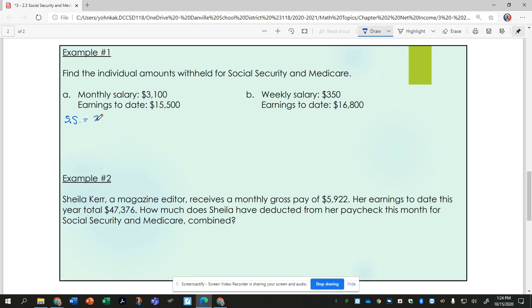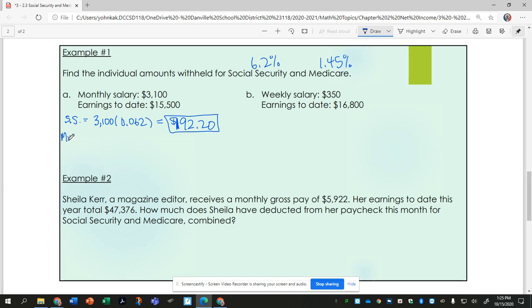So we can take our gross pay, which is $3,100, and multiply by 6.2% as a decimal. Remember 6.2% and 1.45%. If I multiply this, I get $192.20. That's how much is being taken out of every paycheck for Social Security benefits, which is what you will live off of when you're retired.